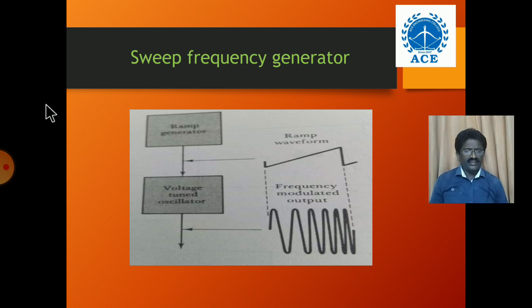With the help of a sweep frequency generator, testing the frequency response of an amplifier or filter can be done by a signal generator that automatically varies its frequency over a predetermined range. This instrument is called a sweep frequency generator.